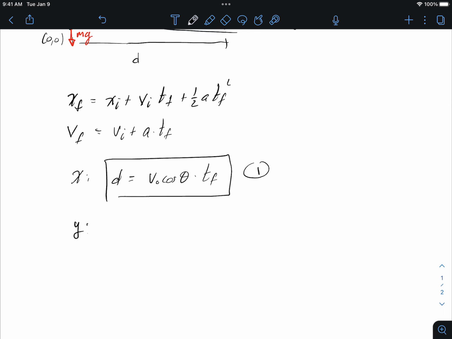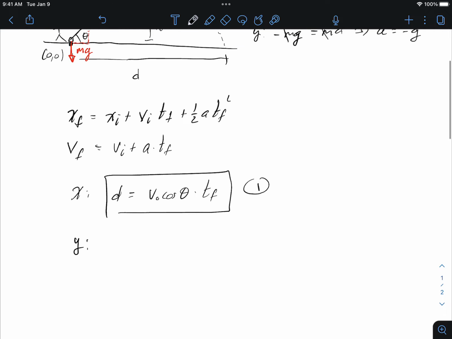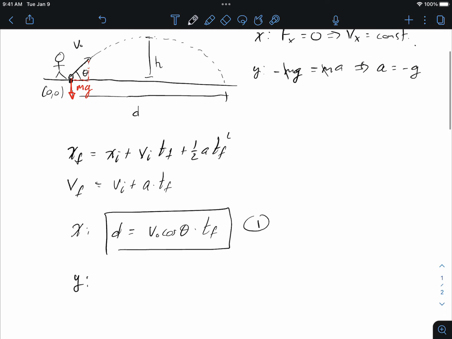Along the y-axis, what do I have? Let's see, the ball starts here, which is y equals 0, and it ends here, which is y equals 0. So I'm going to have 0 as the final position, is equal to 0, which is the initial position, plus this term over here, so I need the initial velocity along the y-axis.